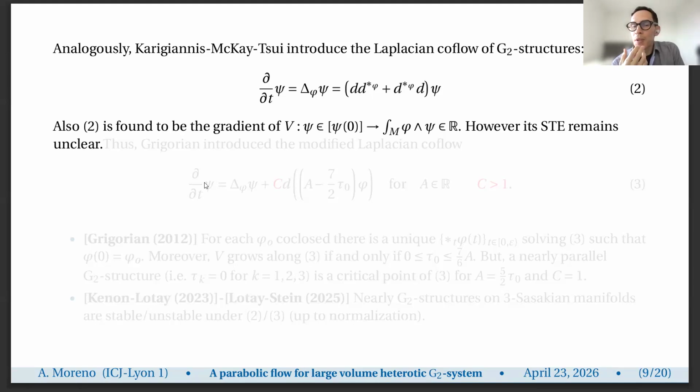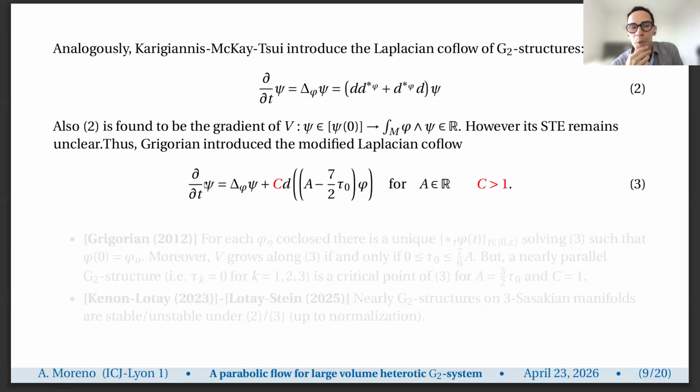But the problem was that this flow has no short time existence and uniqueness. At least they were not able to prove this using the classical techniques from the Ricci flow. So a way to overcome this problem was proposed by Sergey Grigorian with the so-called modified Laplacian coflow.